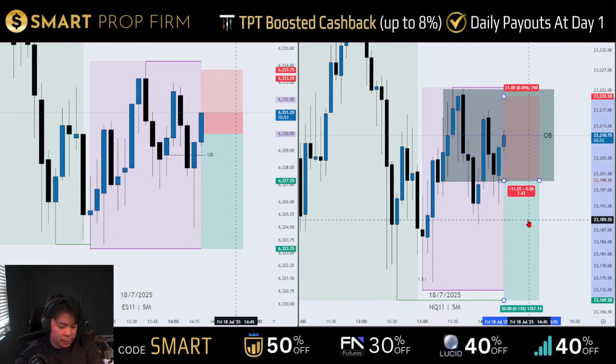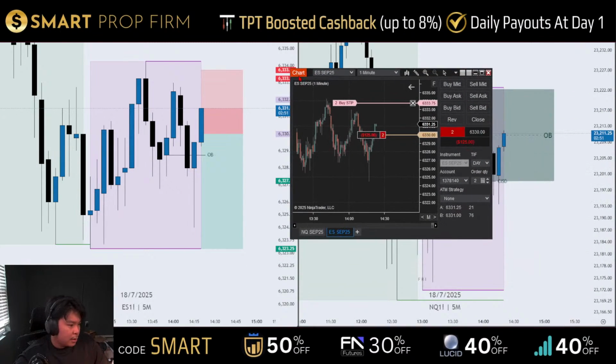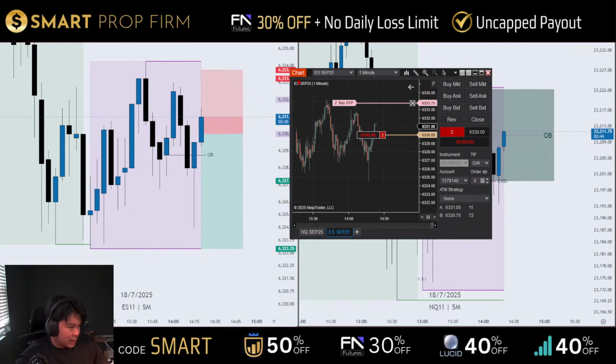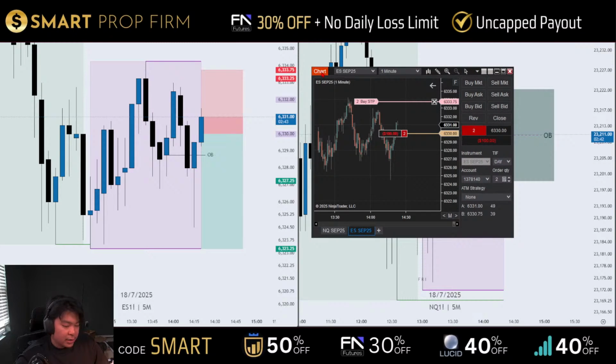I'm gonna delete NQ because I'm not really playing NQ. Range bound would basically mean we're gonna snag the low and then snag the high. We're just gonna mess with price action, and we're not gonna get any good delivery.